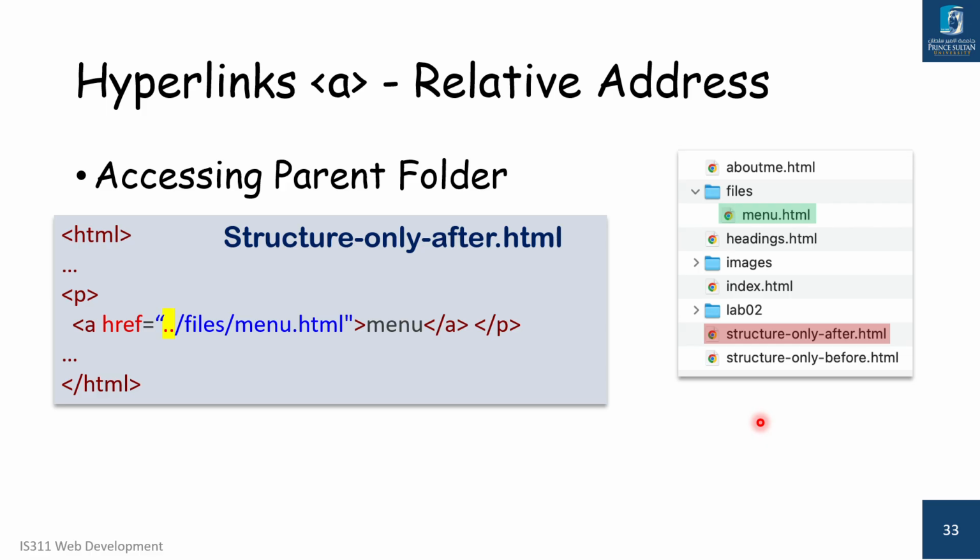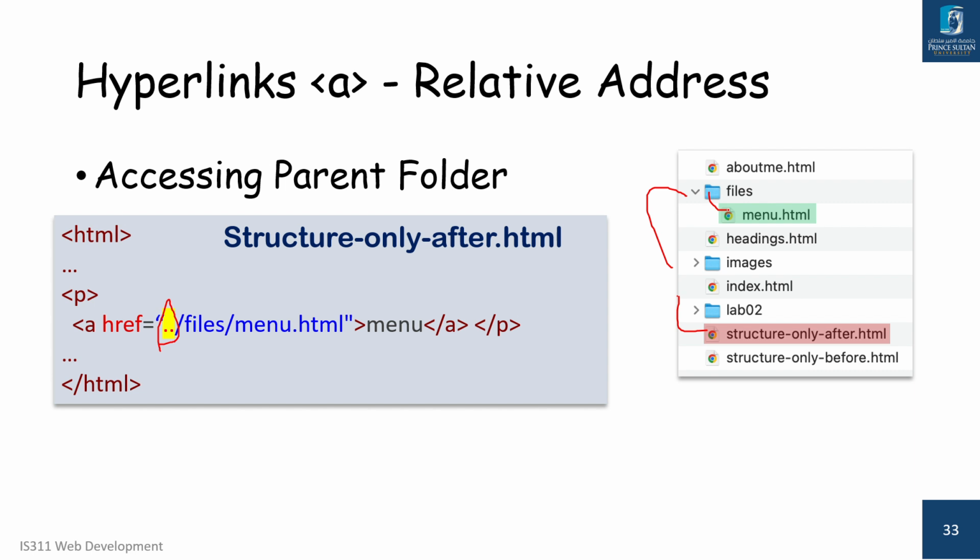This part brings me from this folder out into the main folder. And then I say go into the files. So once I have come out of this folder, it will go into the files, and then it will access the menu.html file inside it.